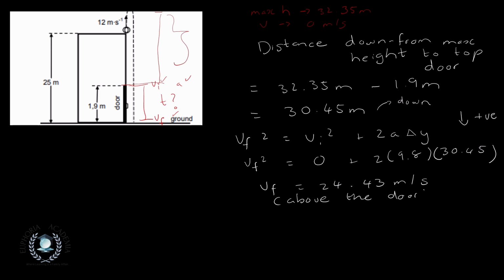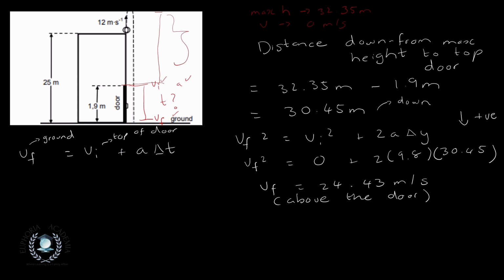Now we already have our Vf, we already have our A, so we can find our time t. Vf is equal to Vi plus A multiplied by delta t. Vf is the velocity at the ground, and Vi is at the top of the door.